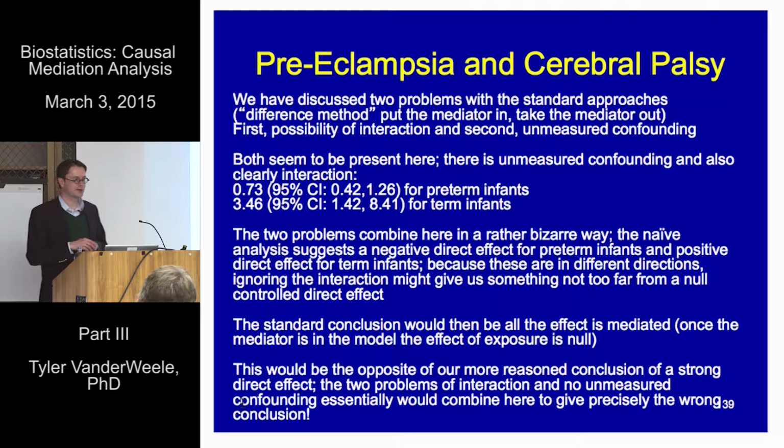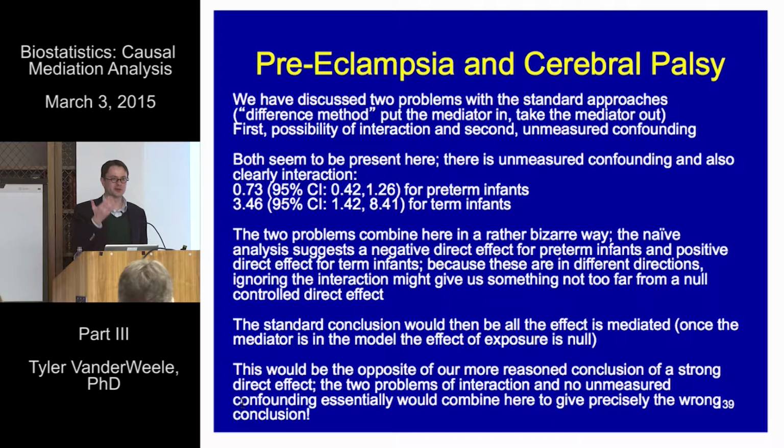This turns out to be one of those scenarios where we've got a positive effect in one group, a detrimental effect in the other, and if we ignore that heterogeneity and just put the mediator, preterm birth, in the model, the coefficient for the exposure, sure enough, reduces to something pretty close to 0, odds ratio of something like 1.1 combined. The conclusion of that standard approach would then be, oh, all of the effect must be mediated.